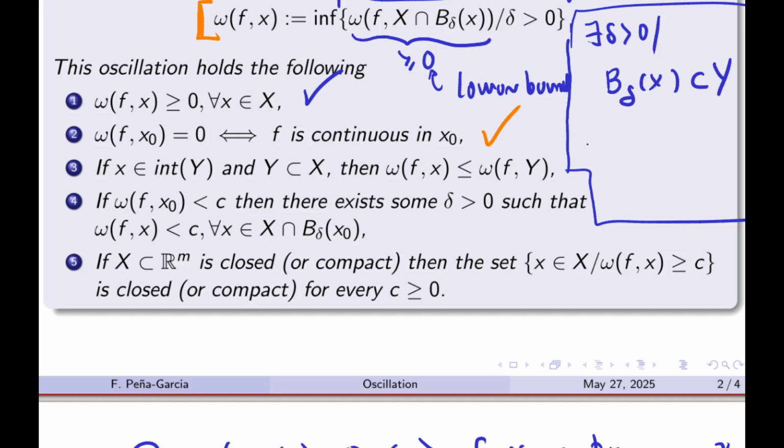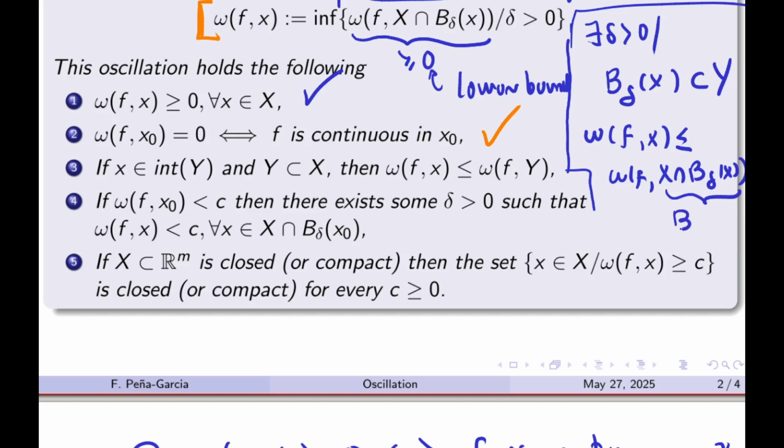And so you know that this is the infimum of the set of oscillations, so this will be less or equal than, right?